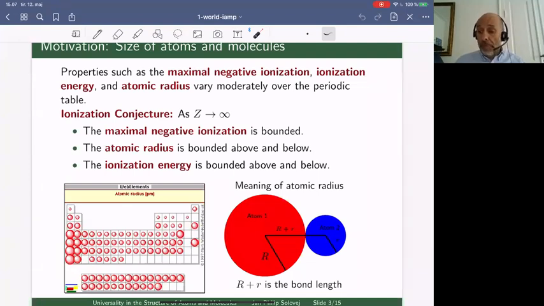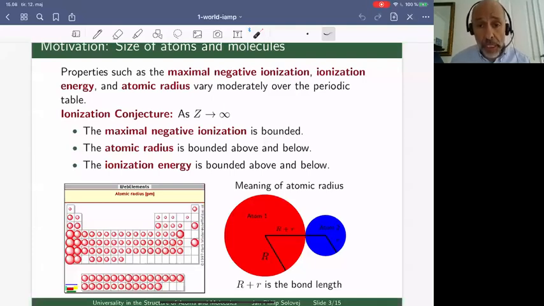I usually emphasize that if you look down here, this is uranium, and if you look up here, that's lithium. So lithium with 3 electrons and uranium with 92 electrons pretty much have the same size. Now, in the usual formulation of the ionization conjecture, it's not actually formulated in terms of the size of the atom.